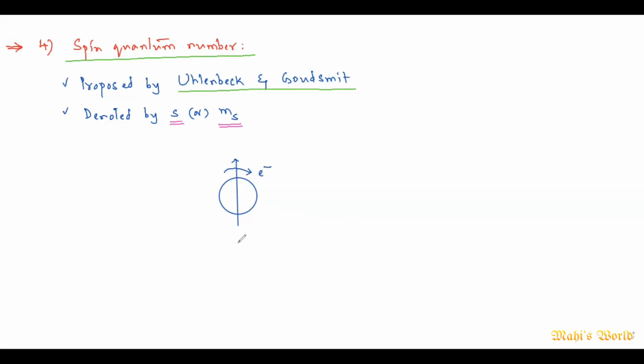One is clockwise, and the other one is anti-clockwise. It can even be this also. So, the electron rotates around itself in two opposite directions.